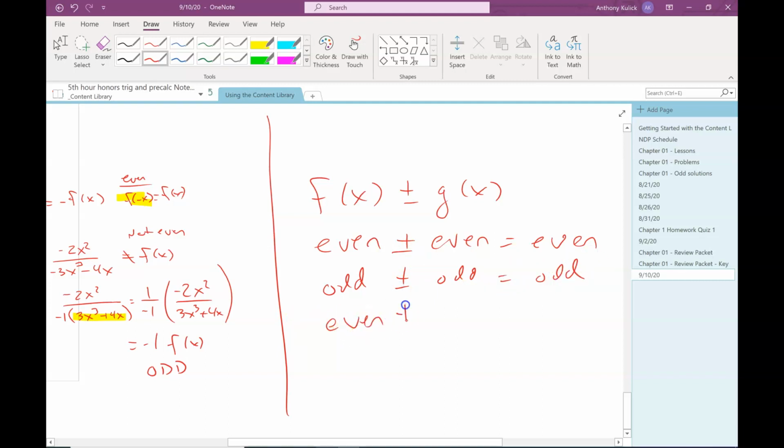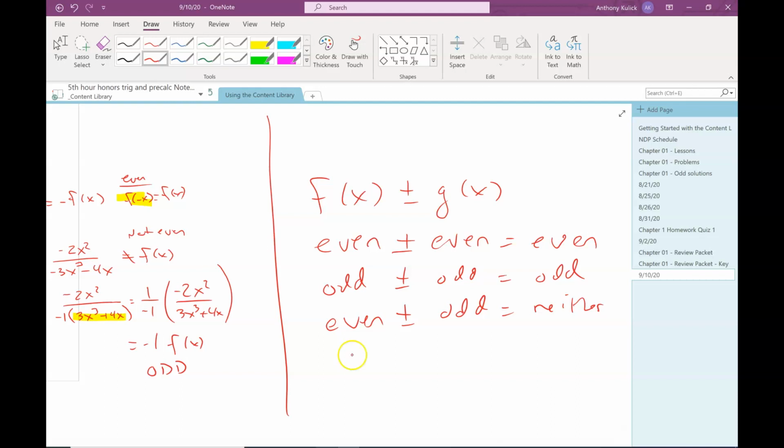But if you had even plus or minus an odd, that was neither. We kind of use that as a shortcut, at least to give you an idea of what answer you should be searching for when you're actually trying to prove this.